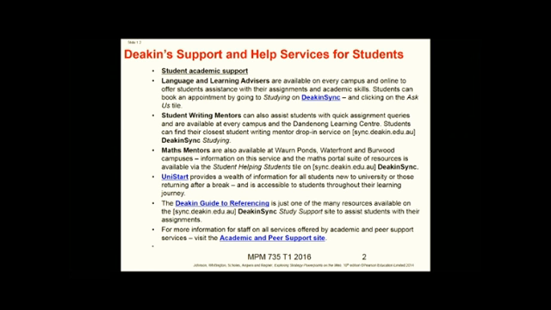So there are lots of academic support services available. Some are offered by professional advisors, some are offered by academics, some are offered by other students. If you feel you have any need for any of these services, please don't hesitate to make use of them.